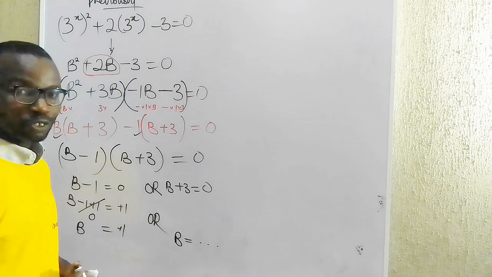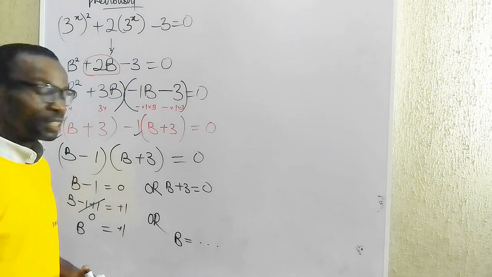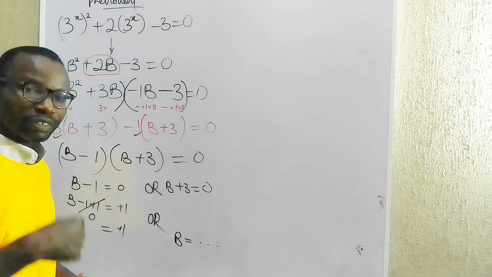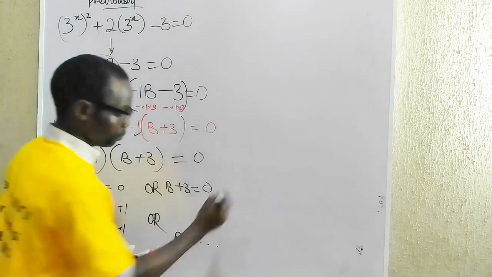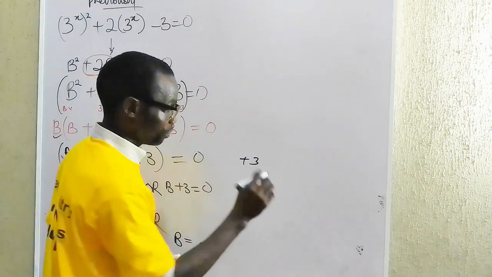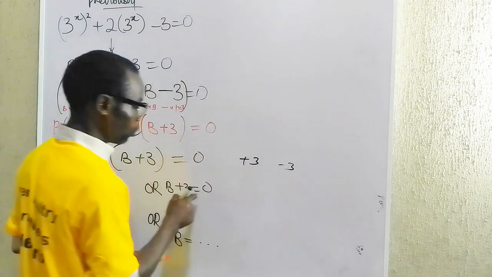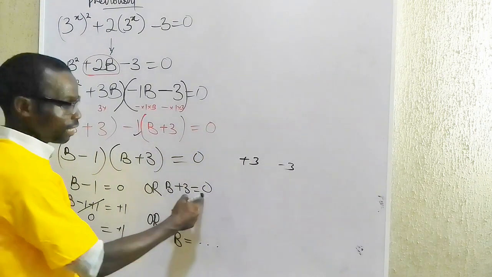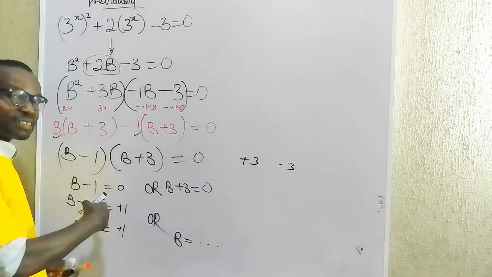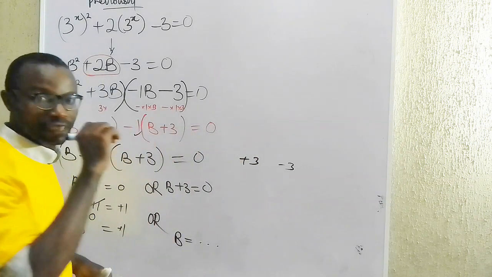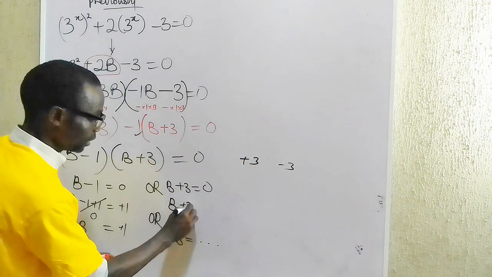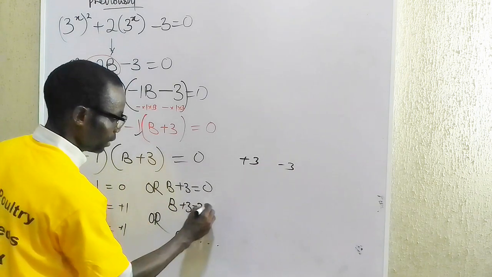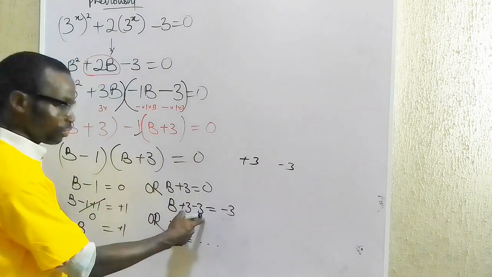So what do we do to plus 3 to get it out of the way of b? We add the opposite of it with equal strength. The opposite of plus 3 is minus 3. So we're going to add minus 3 here and add it here. What you do to the left hand side, you do to the right hand side. So we have b plus 3, then you put your minus 3 here and your minus 3 here.